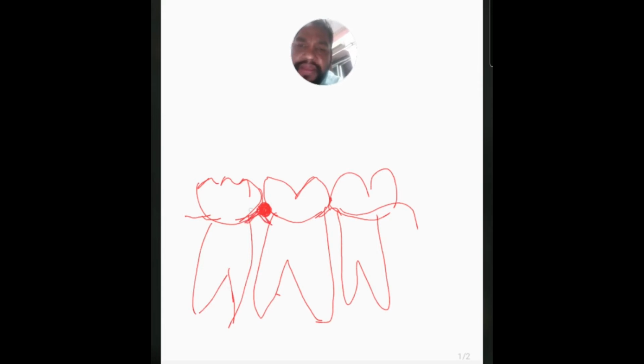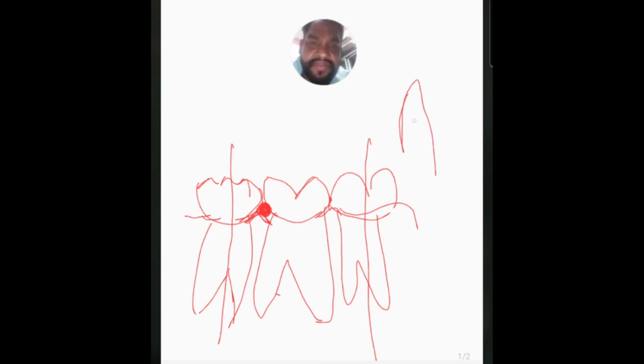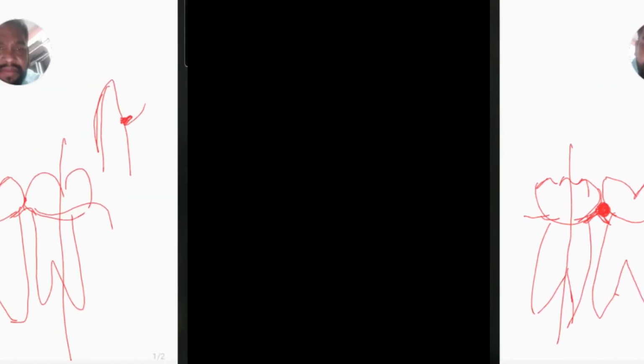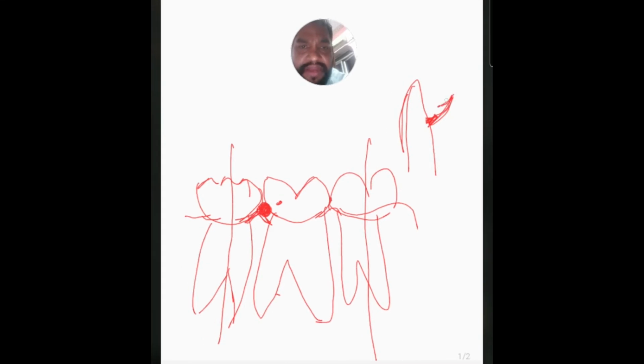It should not be applied on the neighboring tooth, because if you apply pressure on the second molar in this direction, the opposite direction will give pressure on the neighboring tooth, the first tooth. So don't apply the elevator by taking the fulcrum, the support, of the neighboring tooth.